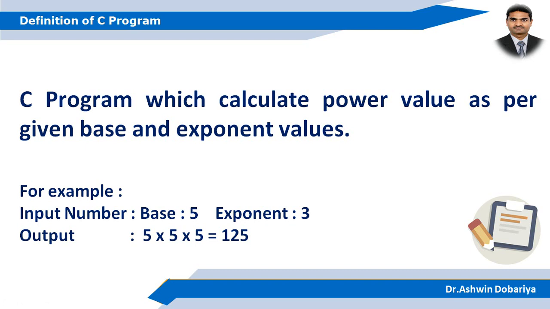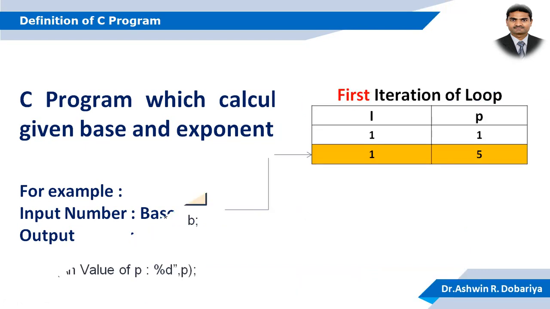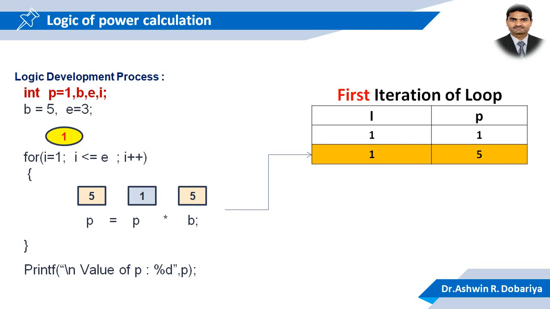So let's first discuss the logic of this program, how we can calculate it. To calculate this power value, how many variables do we require? First, we have to input two numbers, one is the base value and another is the exponent. Here, just for understanding, I have assigned the base value 5.